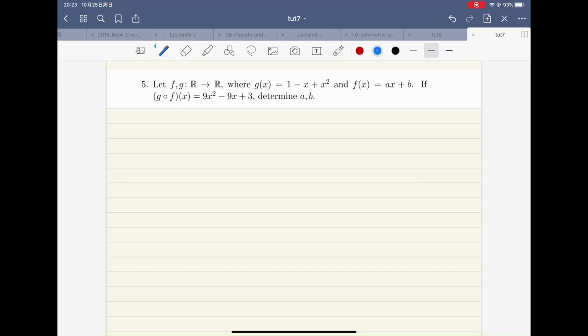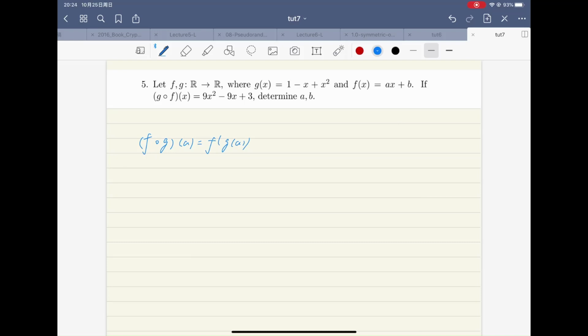So what is a composition function? Let g be a function from A to B, and let f be a function from B to C. The composition of f and g, written f composite g, is a function from A to C, defined by (f composite g)(a) equals f(g(a)).